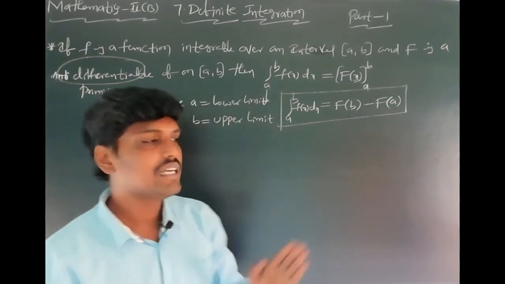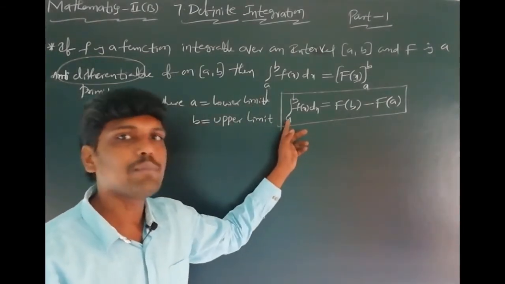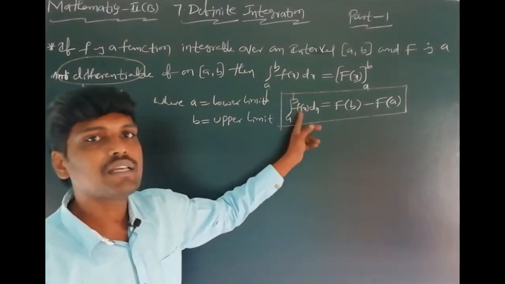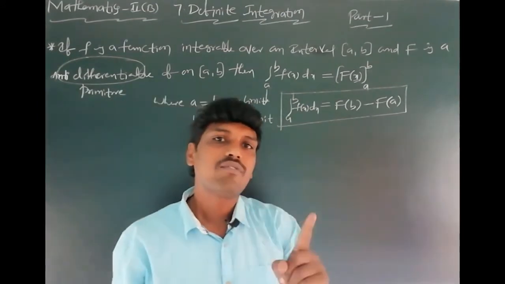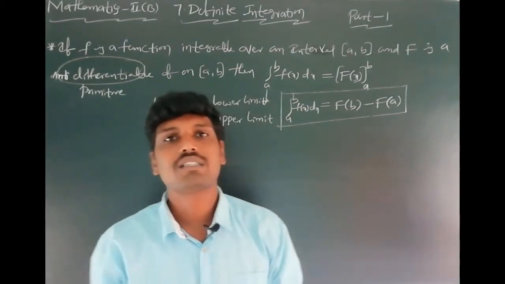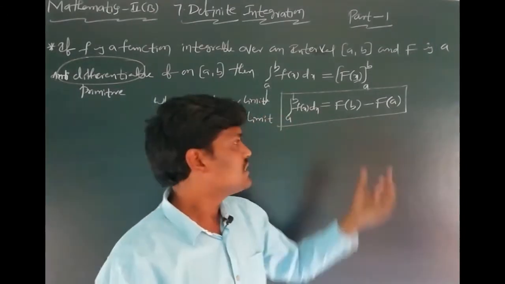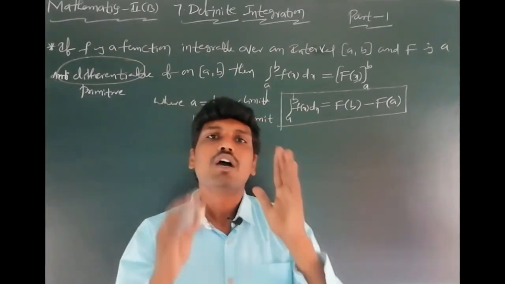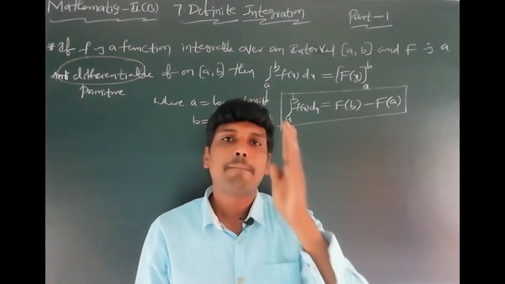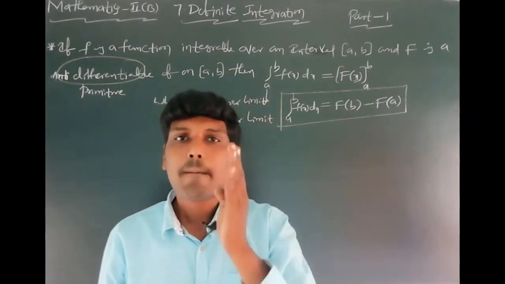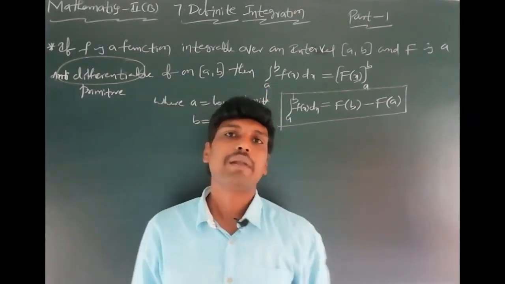In this definite integration, a is the lower limit, b is the upper limit, f is an integrable function, and capital F is the antiderivative of f. This is the formula. First you apply the upper limit, minus the lower limit.